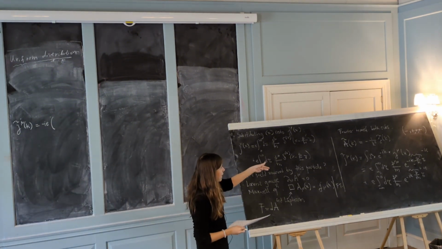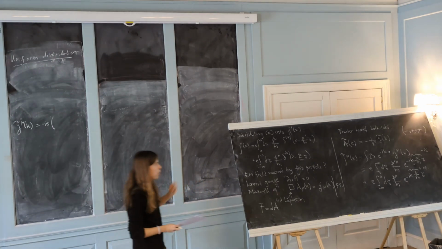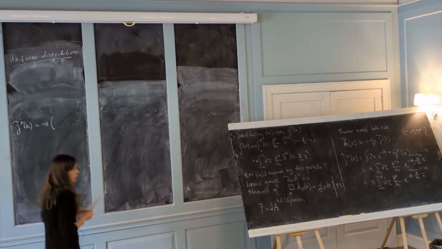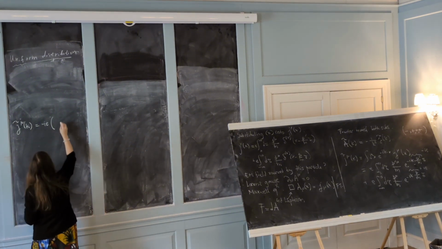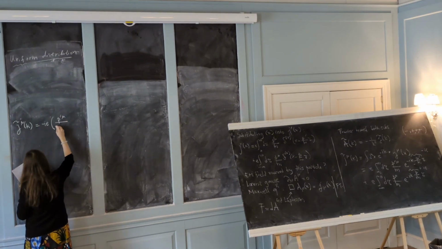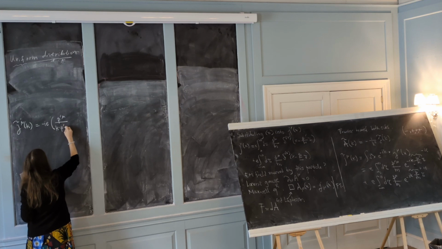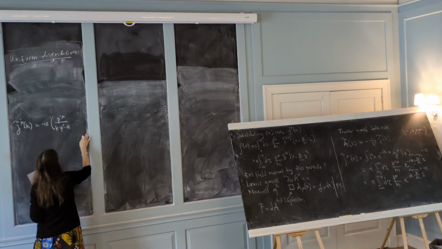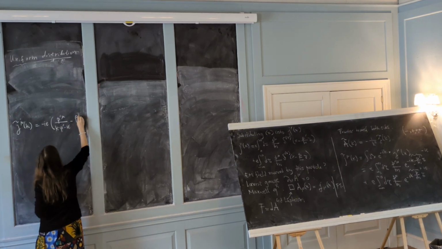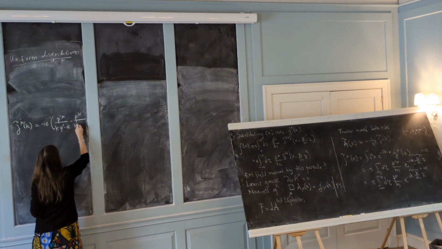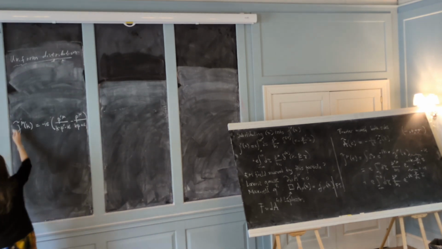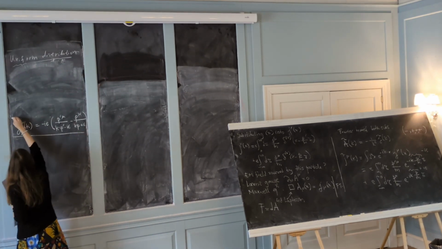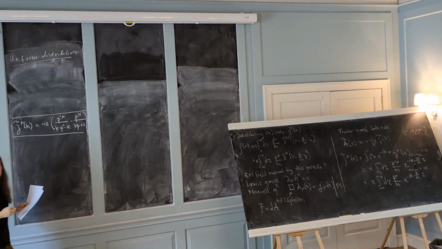All we're doing is bringing down a factor of 1 over k dot p prime divided by m. But the factors of m cancel, so you are left with just p prime mu divided by k dot p prime minus i epsilon, minus p mu divided by k dot p plus i epsilon. So this is an important formula, and we're going to see it again later.